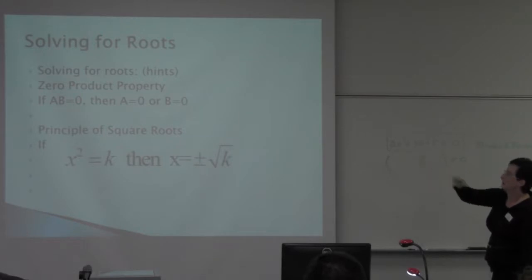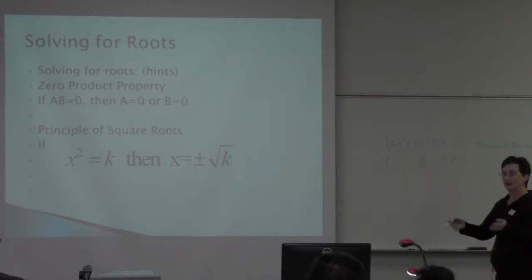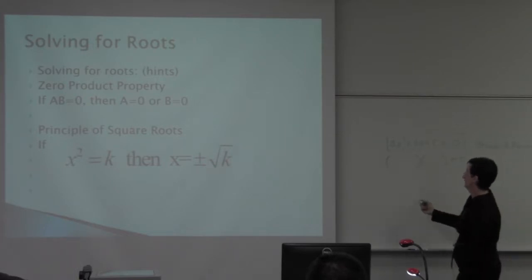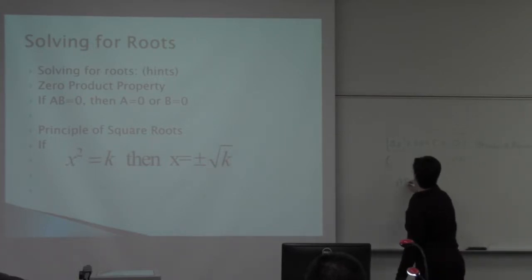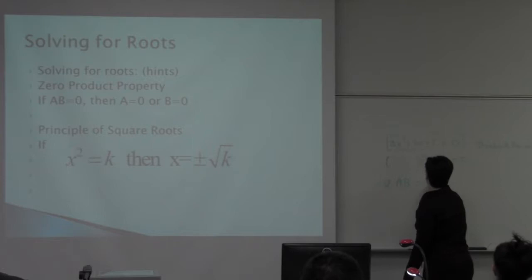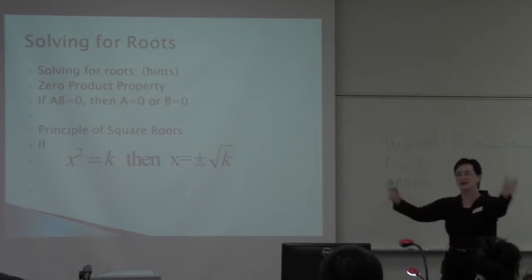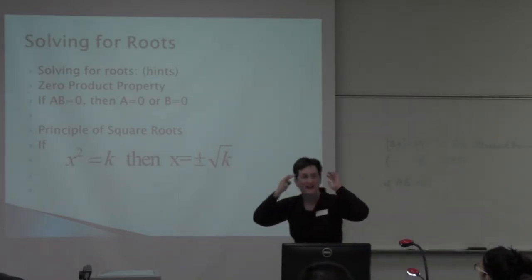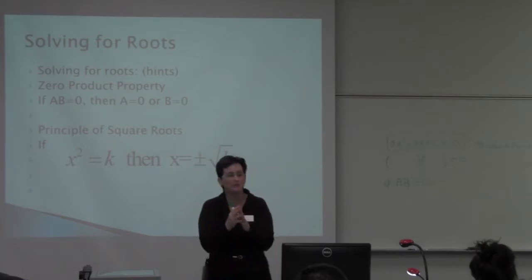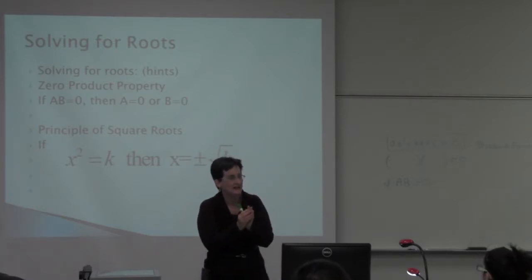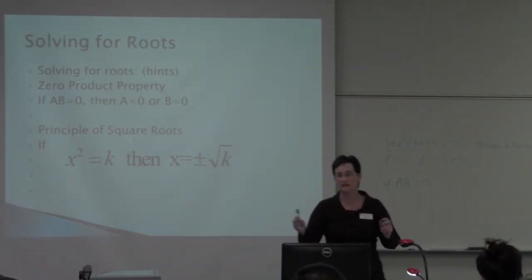Notice the second part here, the zero product property. This is our bread and butter here for factoring. If a times b is 0, I am thinking of two numbers, and I'm multiplying those two numbers together in my head, and when I do that, I get a 0.